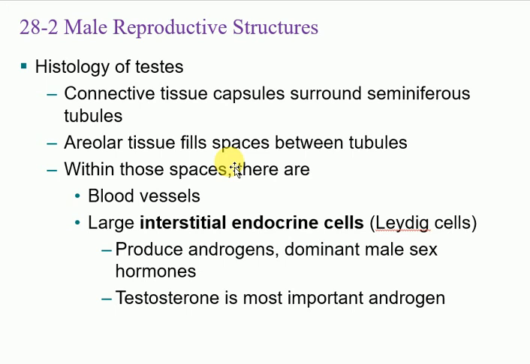Inside the testes, in between these tubules, there are cells called interstitial endocrine cells or Leydig cells. You have to remember the cells that make the sperm and make the testosterone.